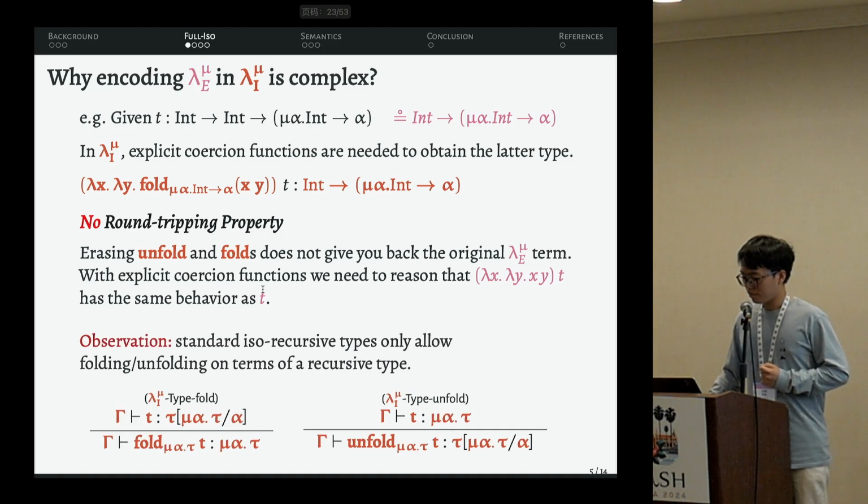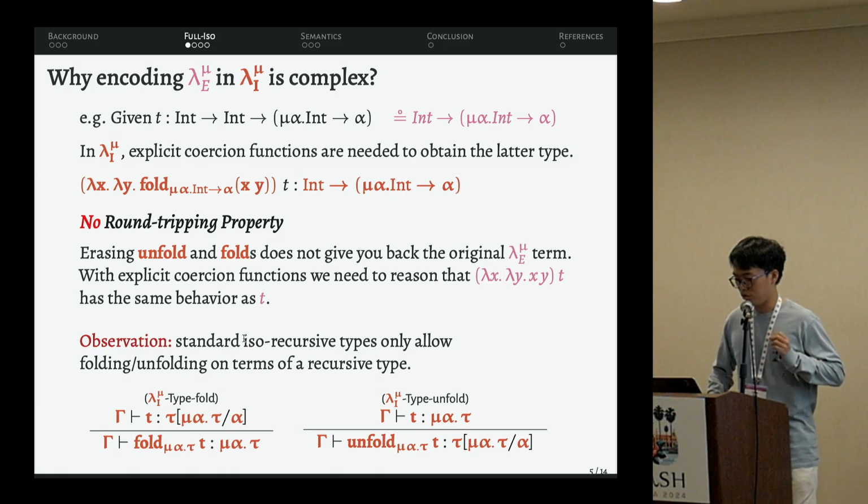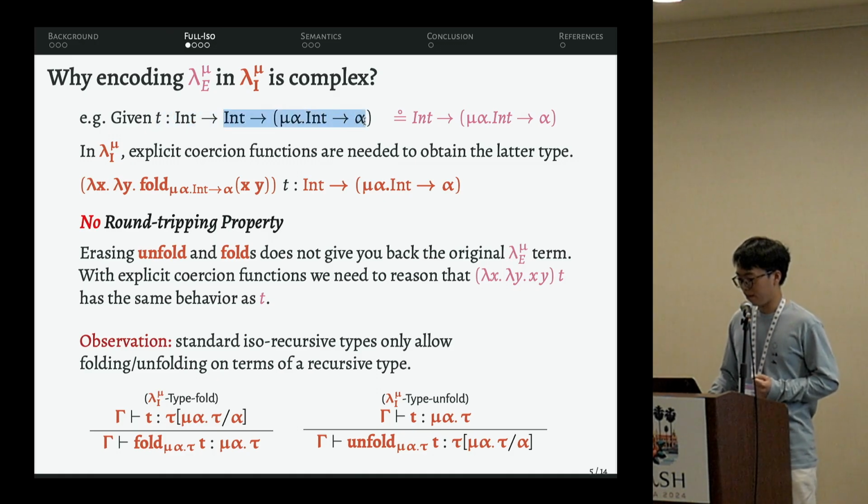Our observation is that this problem results from a limitation of the standard iso-recursive type formulation: it only allows you to do unfolding and folding on terms that have a recursive type, and you cannot insert this unfold or fold anywhere in a term to achieve this partial folding.